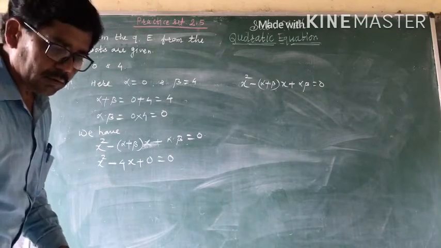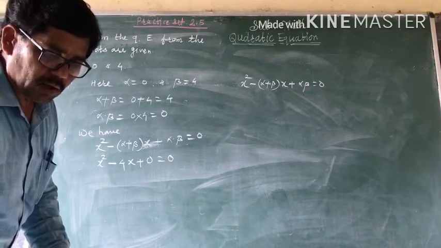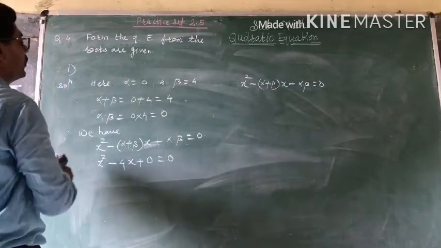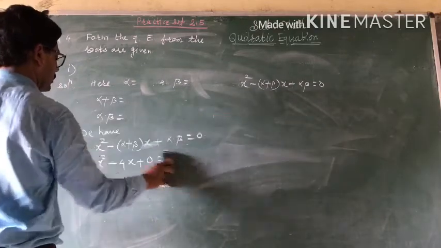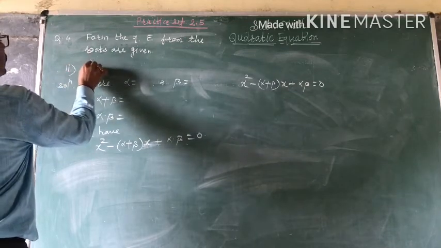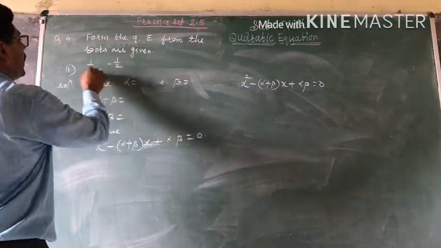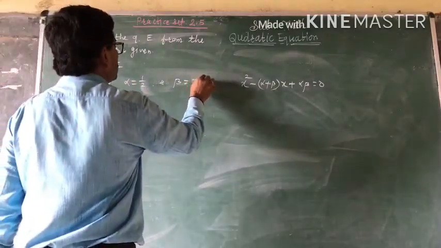The second example: 1/2 and minus 1/2. Here alpha is equal to plus 1/2 and beta is equal to minus 1/2.